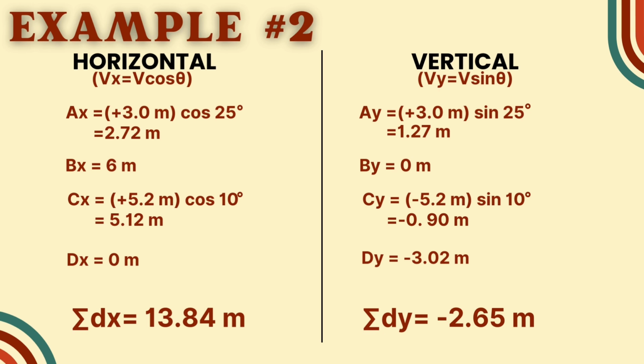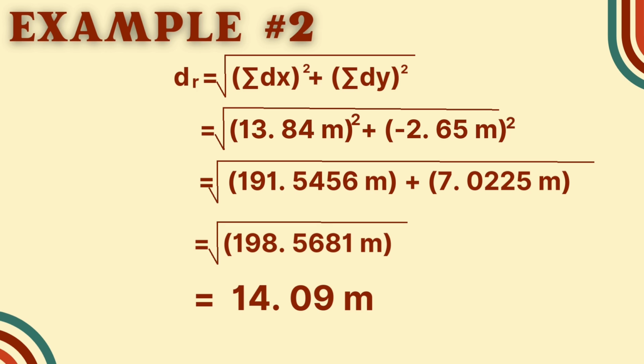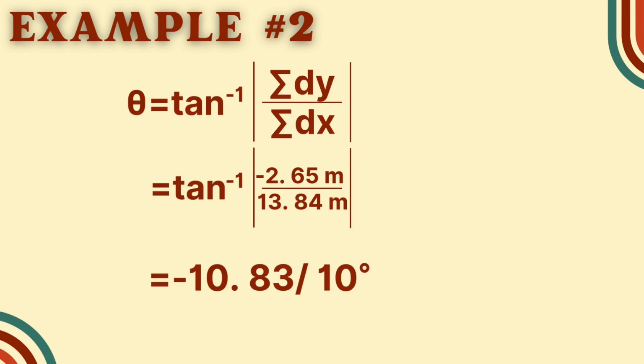And the summation of dx is 13.84 meter and the summation of dy is equal to negative 2.65 meter. For our dR is equal to 14.09 meter. And for our theta is negative 10.83 or 10 degrees.